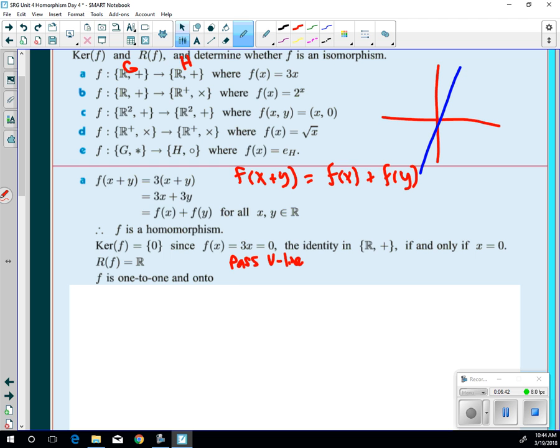Does it pass the horizontal line test? Yes. And yes. So therefore, it's 1 to 1 and onto, therefore it's isomorphic.